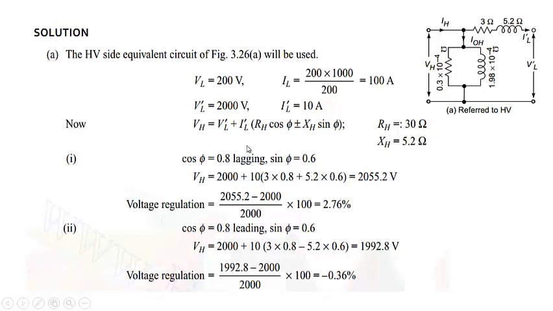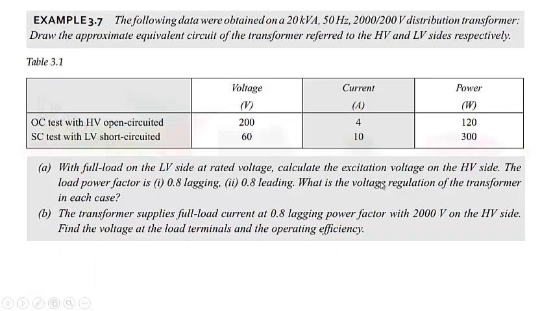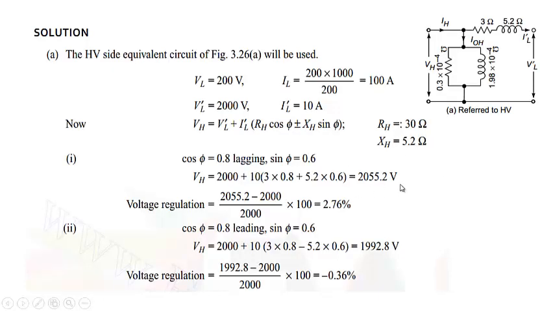So VH is equal to 2000 plus 10 into (3 into 0.8 plus 5.2 into 0.6). This is 2000, this is 10, RH is 3, cos theta is 0.8, XH is 5.2 and sin theta is 0.6. It comes out to be 2055.2. We have calculated the high voltage side excitation voltage as 2055.2.